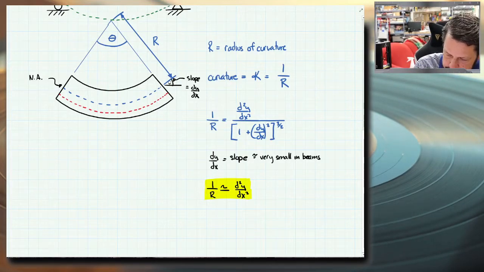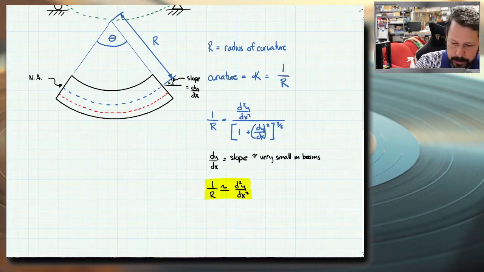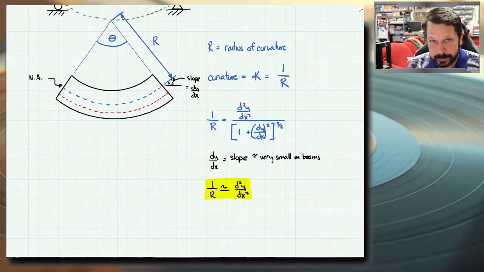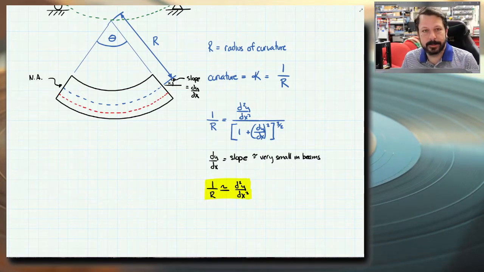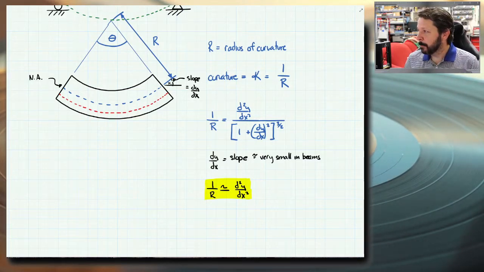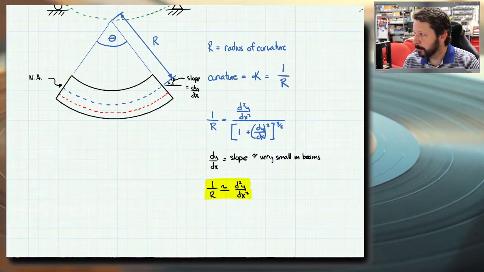Maybe I should change this, I wrote a theta over here for that slope. Let's change that to an alpha or something, just so we don't get them confused. This is a different value. It's not the same thing. This is just where we decided to cut the little beam apart. And this is the arc, the amount of radians that this arc sweeps through.